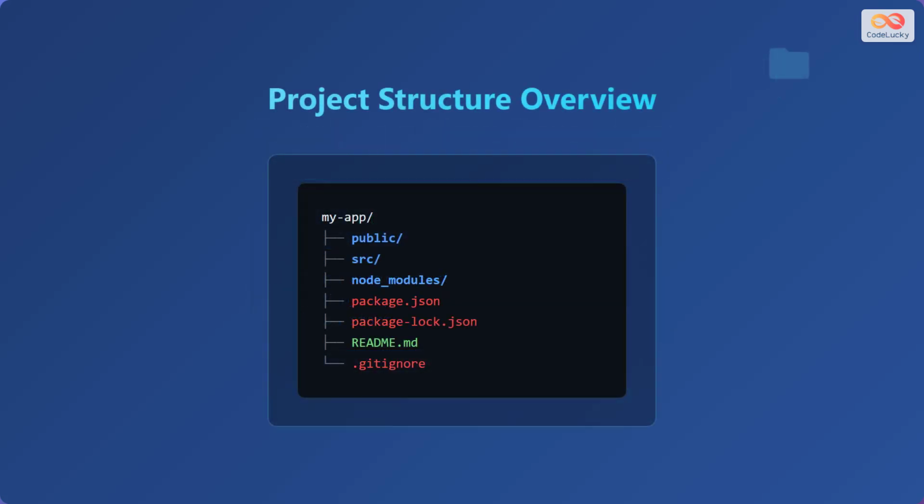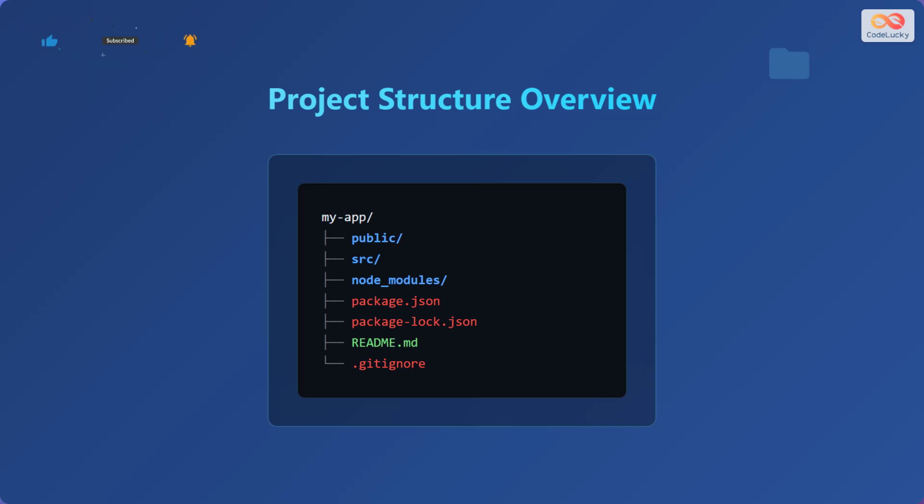Now let's take a look at the basic project structure that Create React App provides. At the root level, you'll find several important folders and files. There's the public folder, which contains static assets. The src folder is where your React components and application logic reside. Then there is a node_modules folder, which houses all the installed dependencies.